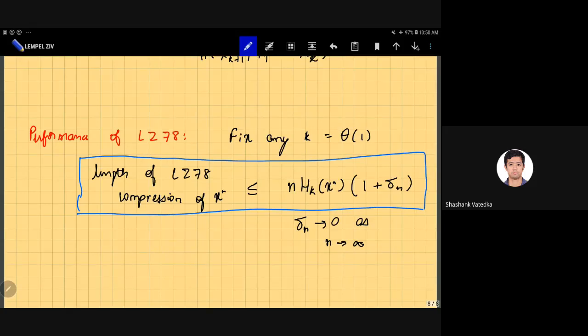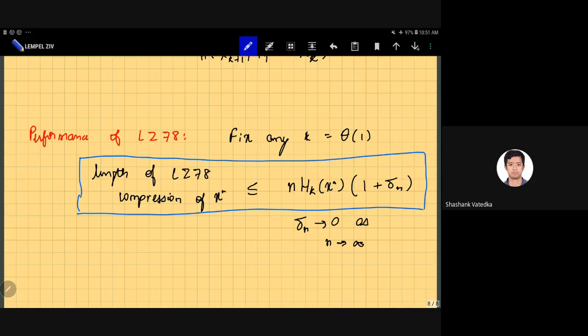In fact, there have been many different proofs of optimality of LZ78. The textbook by Cover and Thomas shows that for a random sequence, the length of the LZ78 compressed text converges in probability to roughly n times the kth order empirical entropy. There were other proofs.